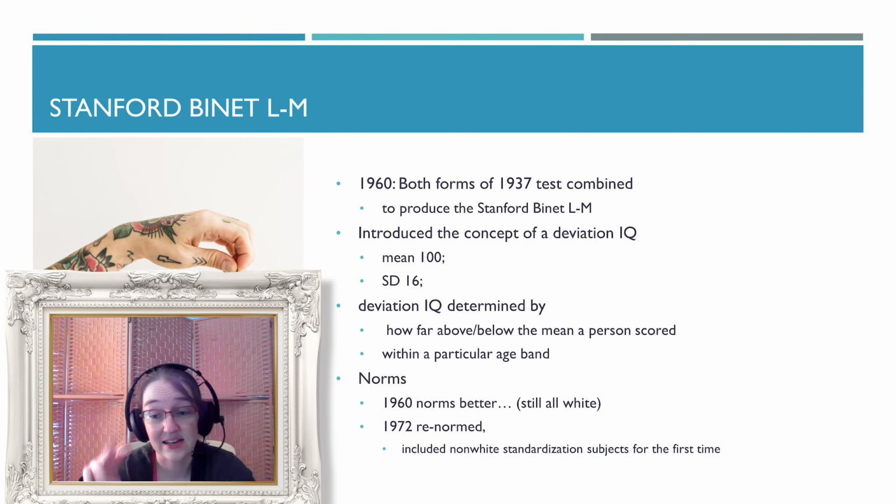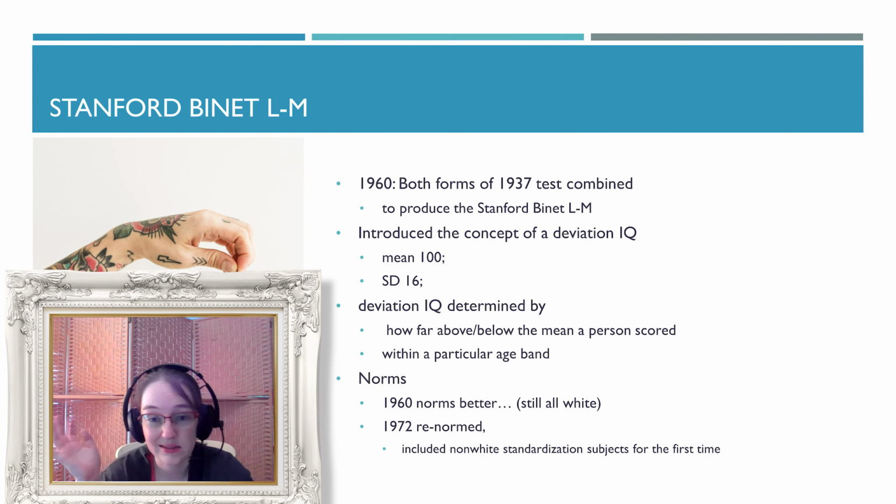The other tests have standard deviations of like 15, which is a pain, because that means that an IQ of 130 is less than 2 standard deviations above the mean in the Stanford-Binet, but I believe it's exactly 2 standard deviations above the mean for the Wechsler. But the idea is that you're looking at how far above and below the mean a kid performs at a given age band. So the 1960 norms were better.